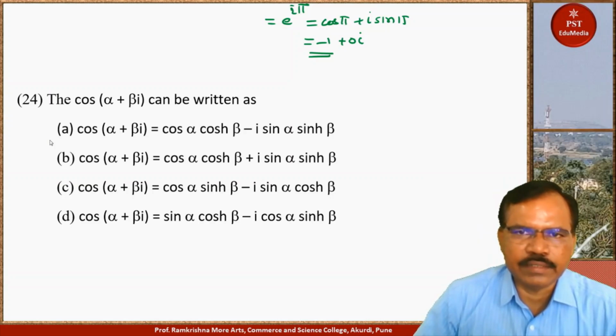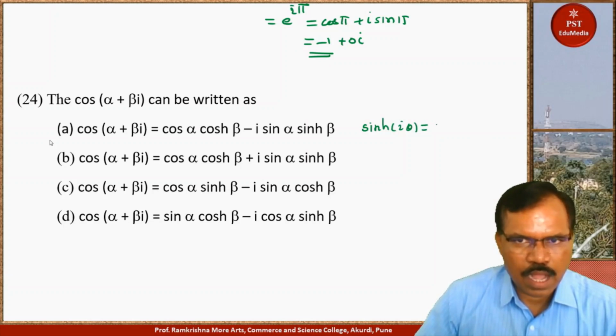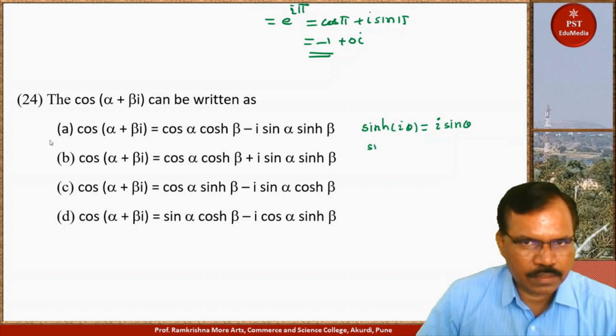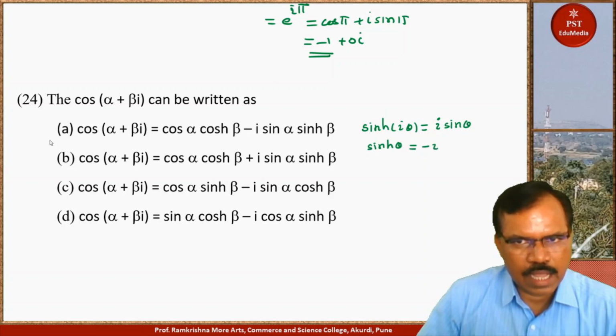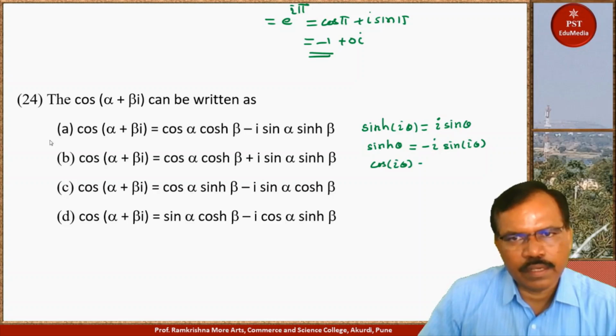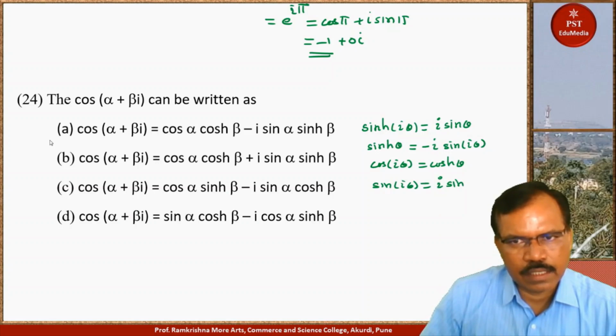Now we have certain identities. We have sin hyperbolic i theta is equal to i sin theta. Similarly, sin hyperbolic theta is equal to minus i sin i theta, and cos i theta is cos hyperbolic theta, and sin i theta is equal to i times sin hyperbolic theta.